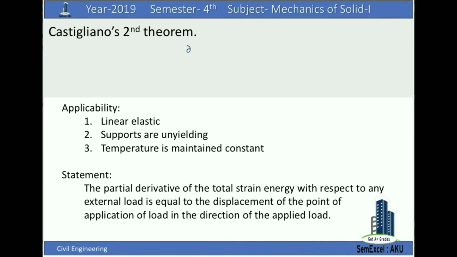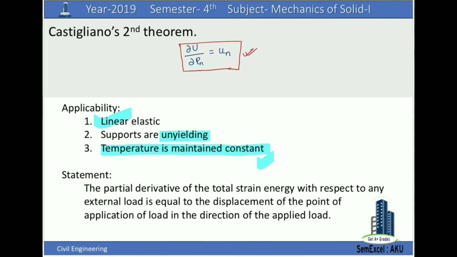Now we'll see Castigliano's second theorem. As per this theorem, the first partial derivative of total strain energy with respect to the load at any point n is equal to displacement at that point in the direction of the load. So this is the second Castigliano's theorem. Again, this equation is applicable for linear elastic material and unyielding supports, and if the temperature is constant, then only apply this theorem.